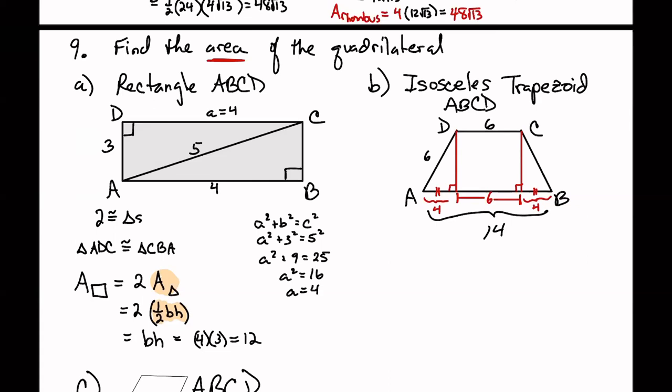Right, so I'd use the Pythagorean theorem to find the missing side here, because area of a triangle, again, is half the base times the height. I have 2 congruent triangles and a rectangle. And we just discovered that the area of a rectangle is base times height. Right?